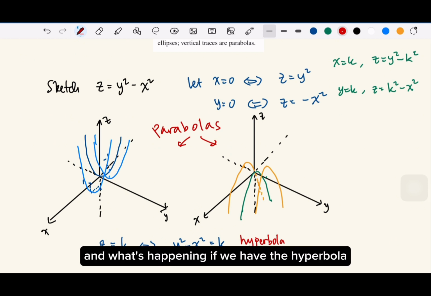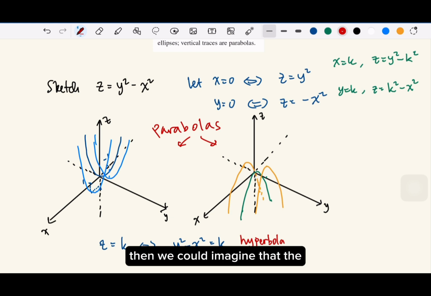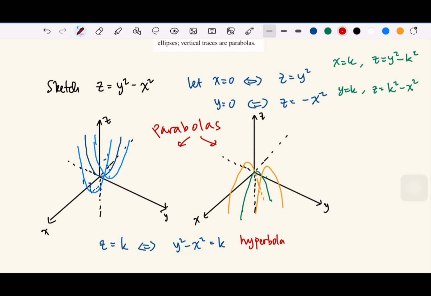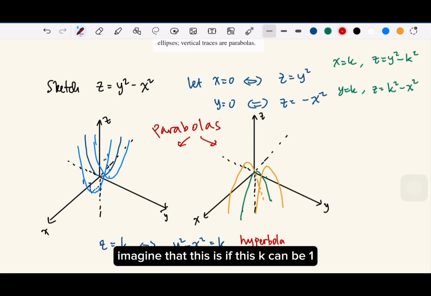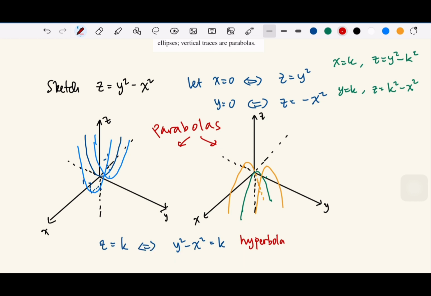What's happening if we have the hyperbola? Imagine that this k can be 1 or, let's say, negative 1.